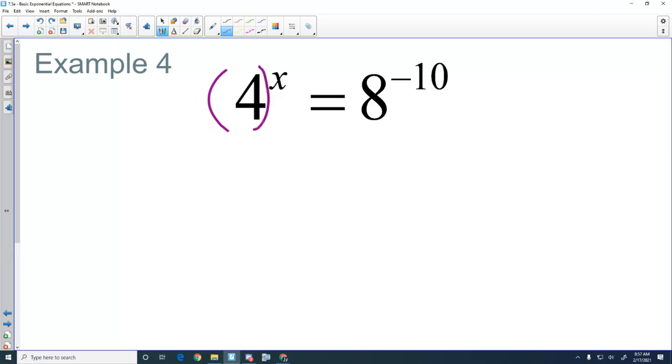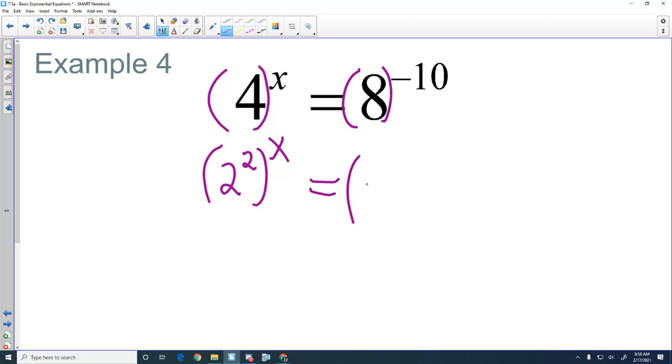Remember to keep that base in parentheses. So you're going to write 4 as 2 squared to the x, right? I'm just replacing the 4 with the 2 squared. The x is still kind of like outside those parentheses. 8 is 2 cubed. But outside the parentheses, I've got this negative 10.